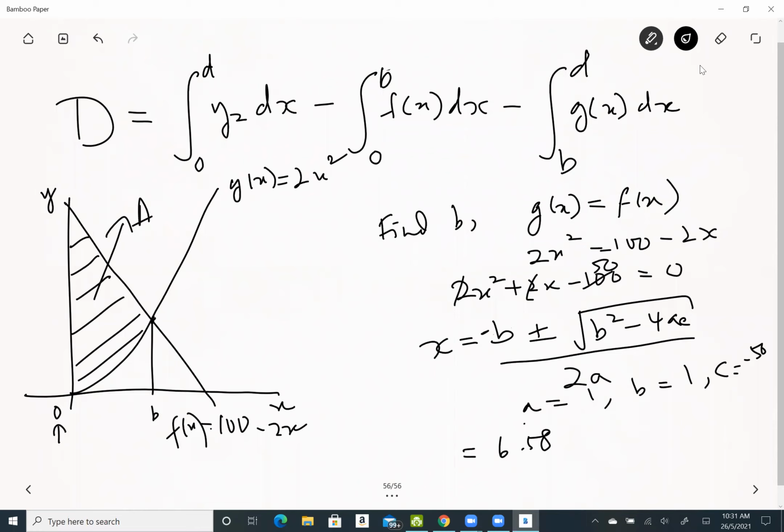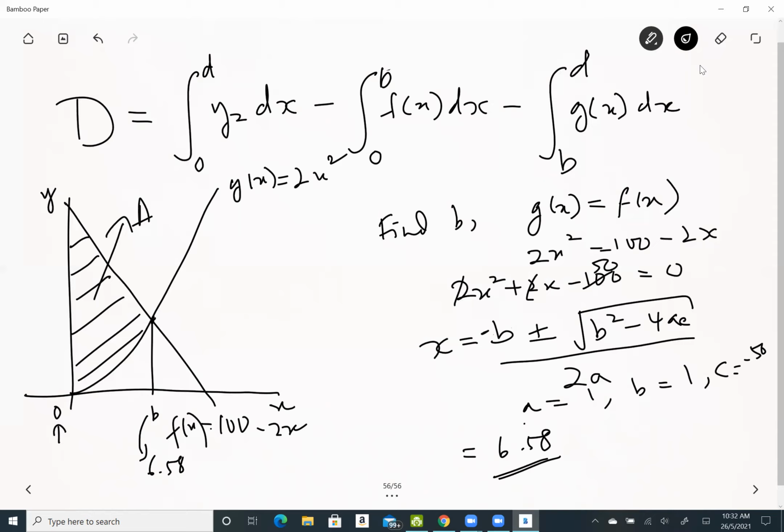Same value, sir. Okay, so same value, it's correct. So now you got that 6.58, that is B. So B is equal to 6.58.